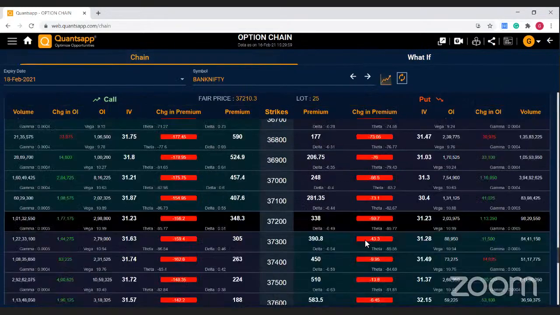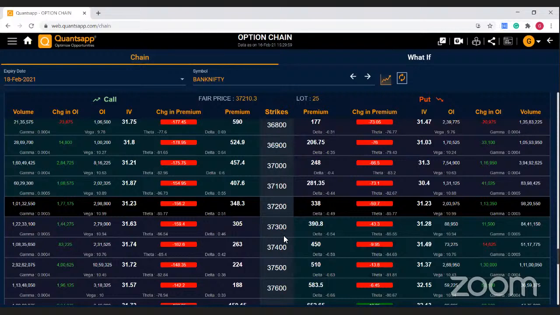So here we have the Bank Nifty chain. You can see all these strikes, premium, and change in premium. It's highlighted how the change in the premium has occurred. Then you have the IV, OI, change in OI and volume. And below that, you can see the Greeks for all of them.